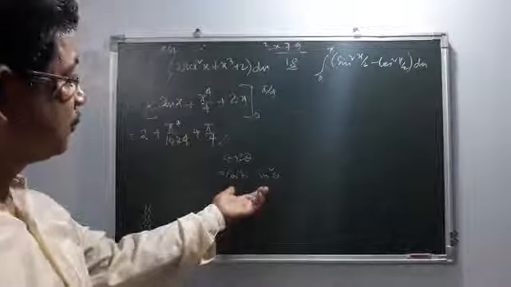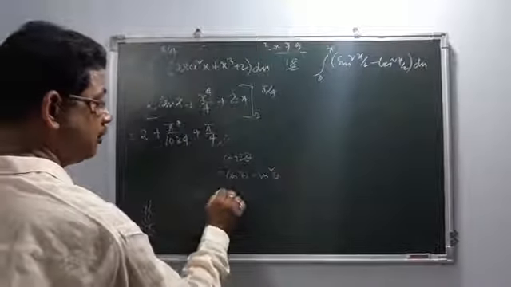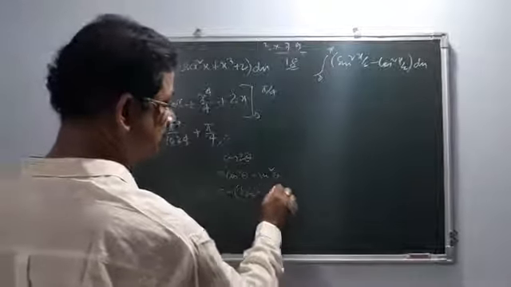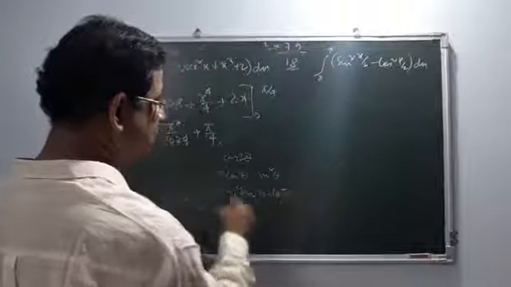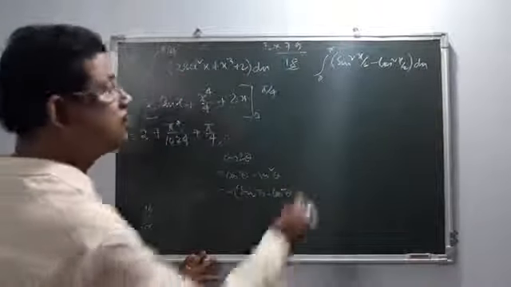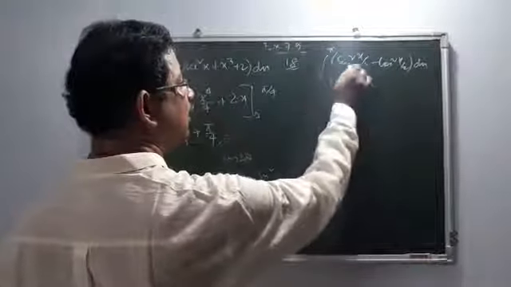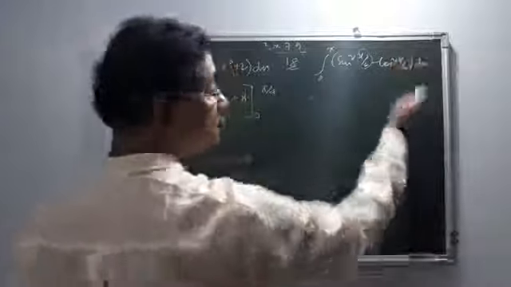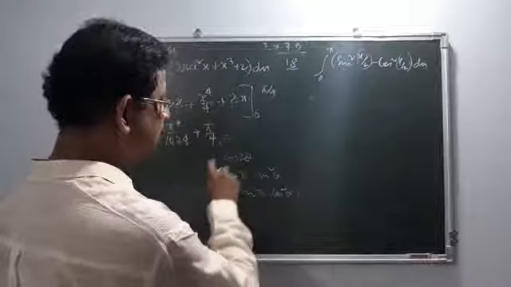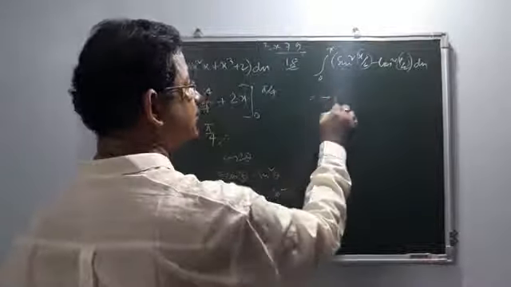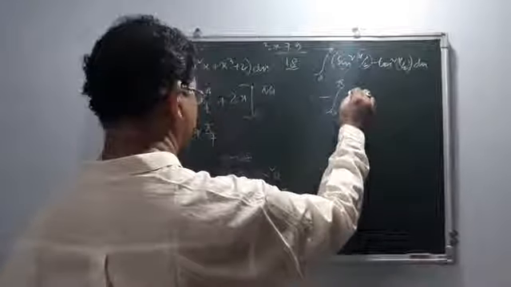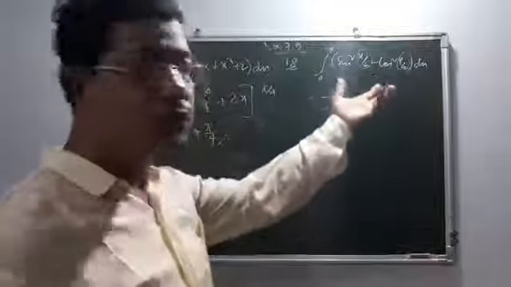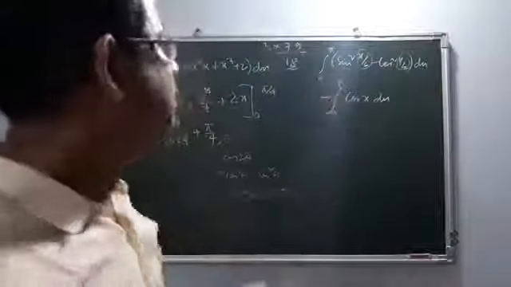But if we write here sin square theta minus cos square theta, then it will be minus cos 2 theta. Yes, so we can write here sin square theta minus cos square theta. So our answer will be minus cos x only. It is a simple one.